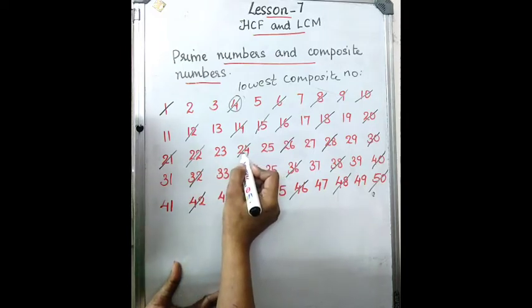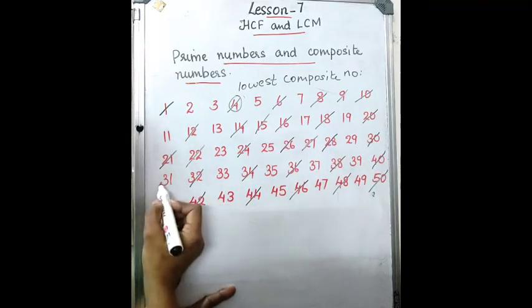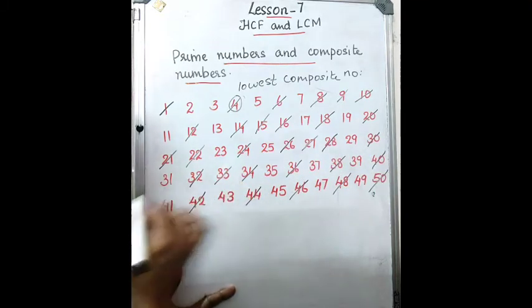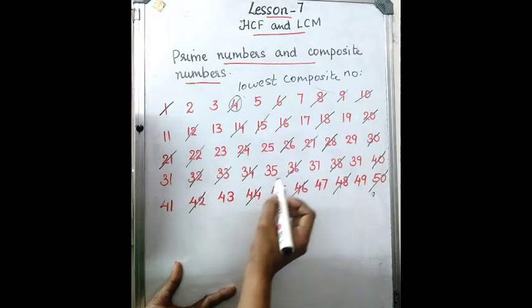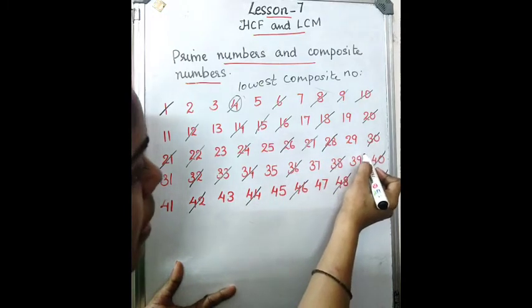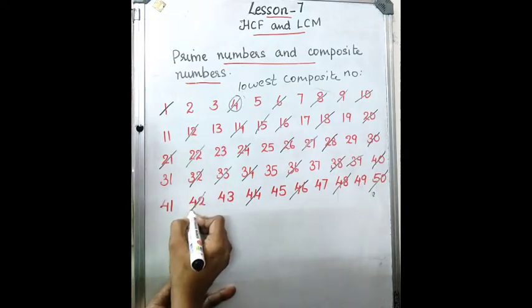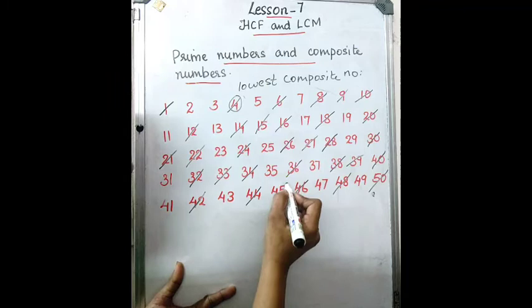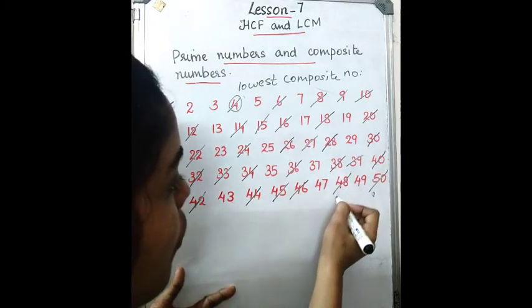Then 9 3s are 27, 10 3s are 30, 11 3s are 33, 12 3s are 36 is crossed. 13 3s are 39, 14 3s are 42 is crossed. 15 3s are 45, 16 3s are 48 is crossed.